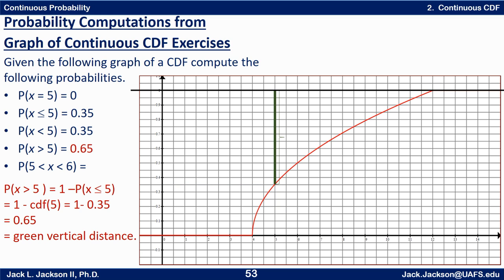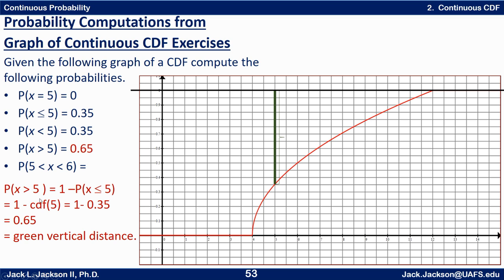Well, this time, visually, you find 5 here, you find the point on the graph, but this time you go from there up to the line y equals 1. I put y equals 1 with this dark black line here. So this is going from there up, which means it's 1 minus the distance down here, which is the CDF.